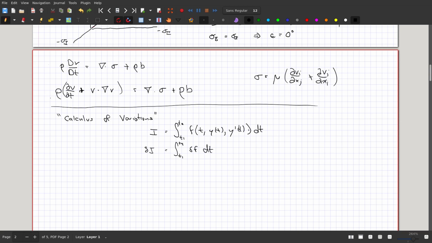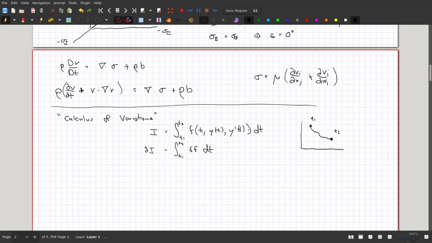So what's a variation? Basically, the idea is kind of like this. If you have 2 points, T1 and T2, and you're trying to minimize some function that connects T1 and T2, or you're trying to understand what the minimum function is between T1 and T2. Who knows what it will be.